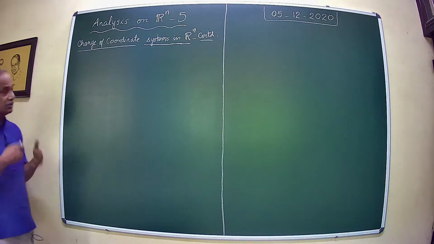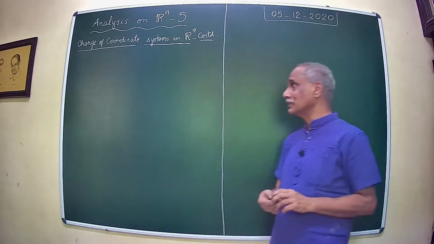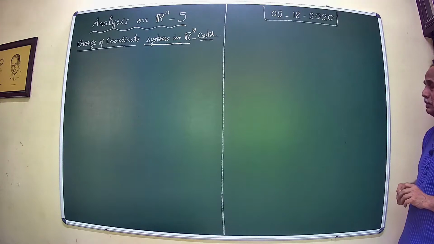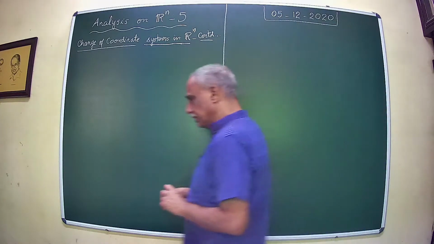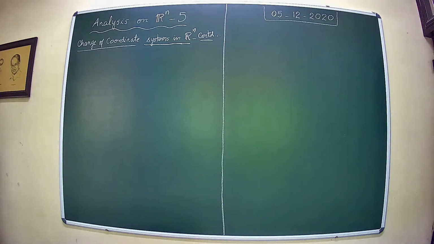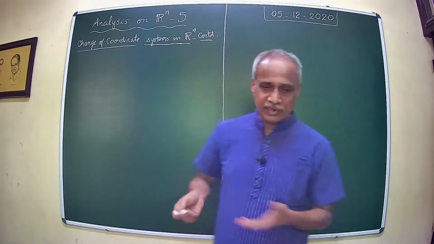Most of this goes word by word to any linear spaces. Although we often work with the so-called standard basis, namely E1, E2, etc., there's some advantage of doing that.